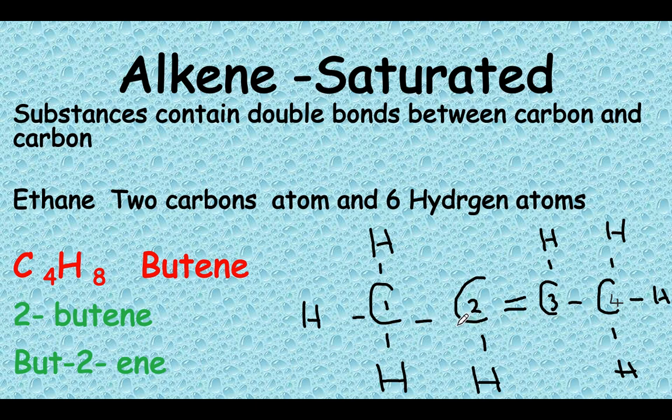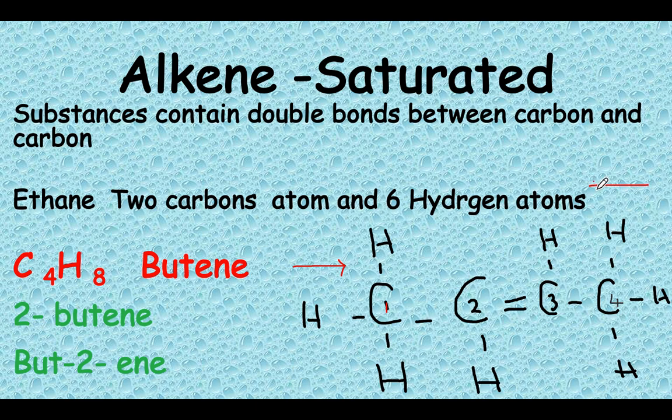Now here the compound will be different. We have another compound called 2-butene. Why? Because if we consider this the first carbon atom 1 and we count from this direction, so 1, 2, 3, the double bond is between the second and the third carbon atom. But the same if we count from this way.